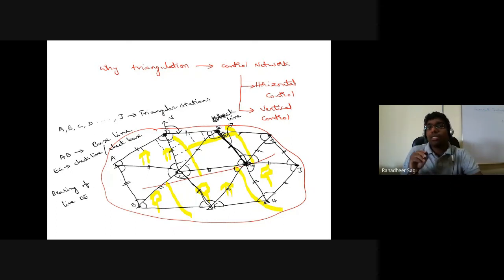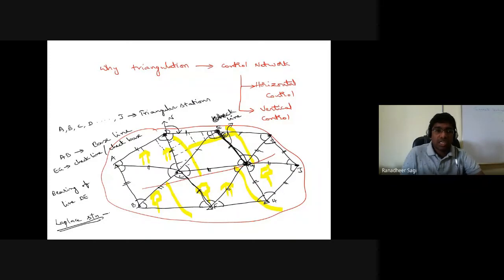The station with respect to which you are taking the bearings, doing angle measurements with respect to your azimuth, in the sense the reference north, from that reference north you measure the angle with respect to some line. That station is what is called the Laplace station. So what does Laplace station mean?